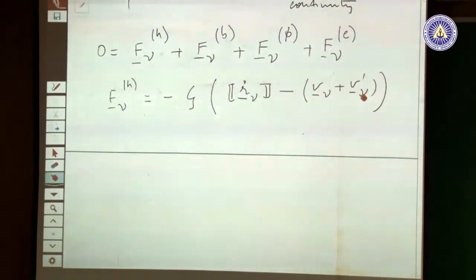So if I have a chain and one segment in the chain moves, it disturbs the solvent in the vicinity of that segment, and that disturbance in the solvent velocity field propagates to other segments and changes the local velocity around another bead. So, this V prime nu is the disturbance to the velocity because some other bead somewhere was moving.